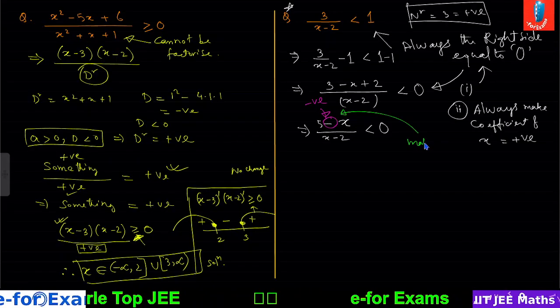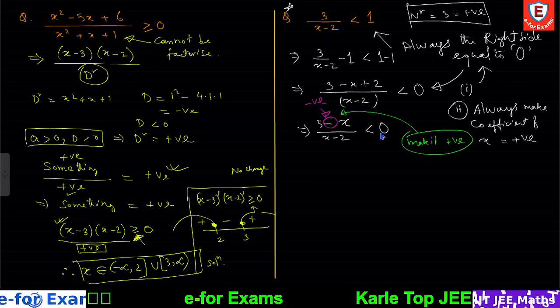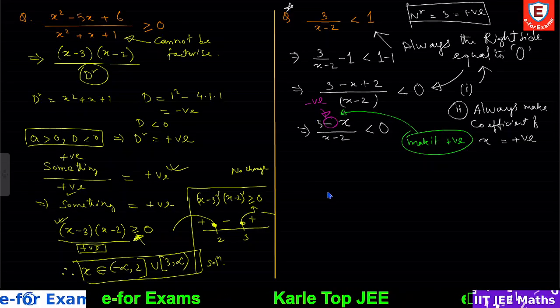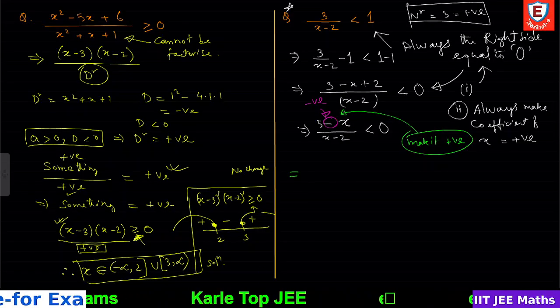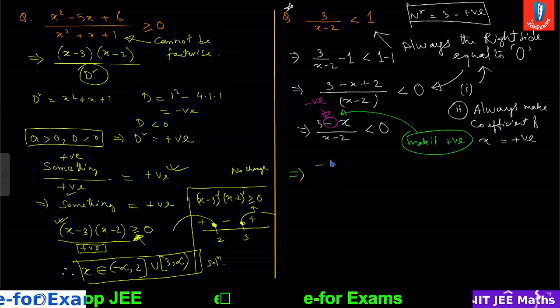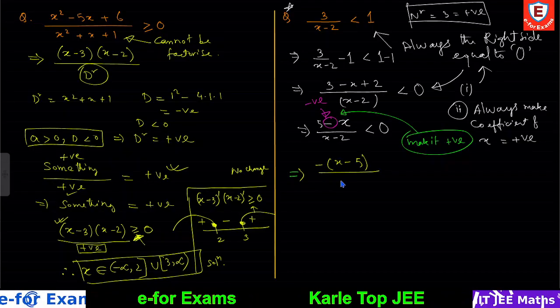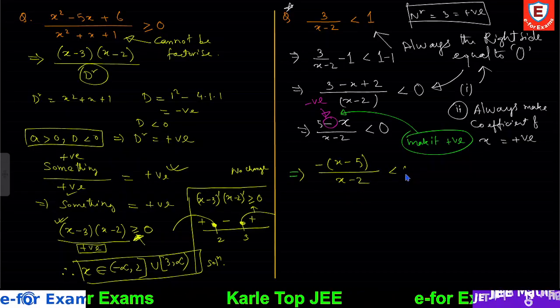Make it positive. So to make it positive, we can take minus common. Minus x minus 5 divided by x minus 2 less than or equal to 0.